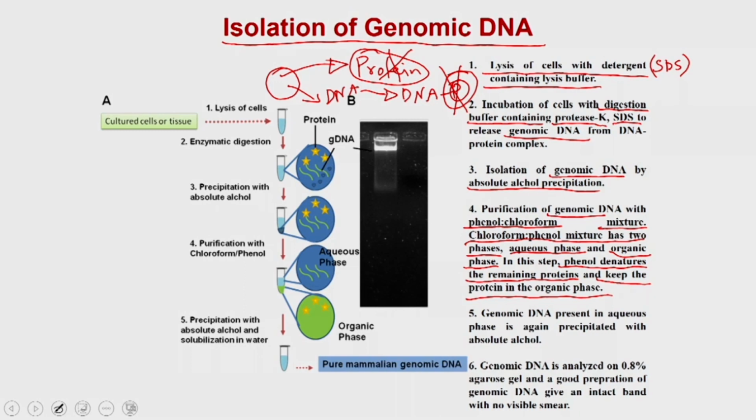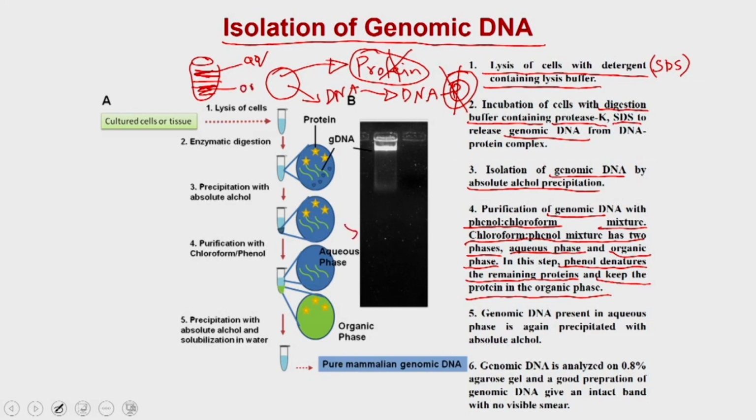So in your Eppendorf you are going to get two layers: on the top the aqueous layer, and at the bottom the organic phase.